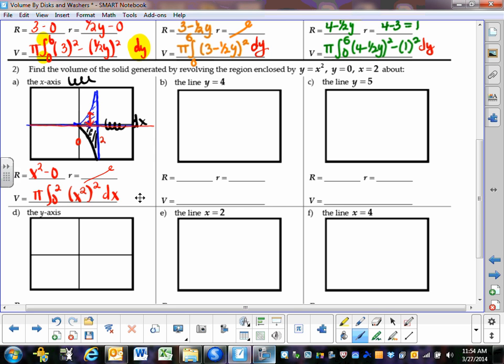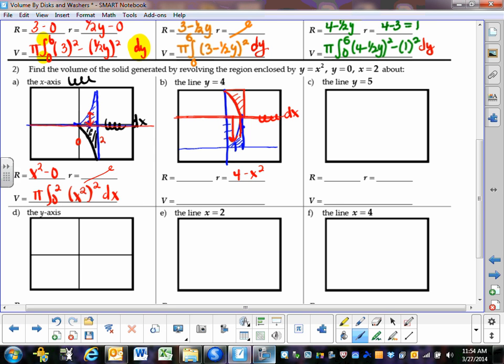Okay, if we take the same shape across the line y equals 4, then this is still our area that's shaded. As we rotate around y equals 4, we will have a dx problem again because of the direction of the rotation. But now my rotational axis is on top, so I have to start at the center of the shape, and starting from the center to the original curve, the inside radius is 4 minus the x squared curve.